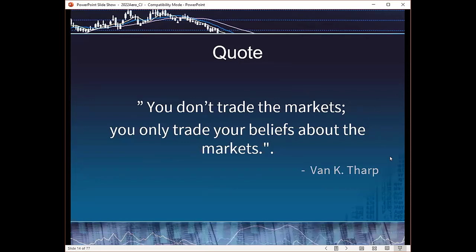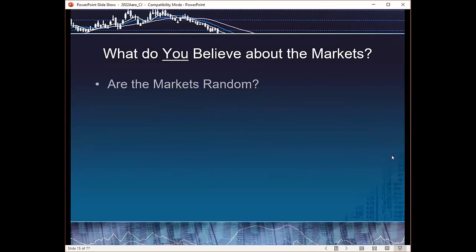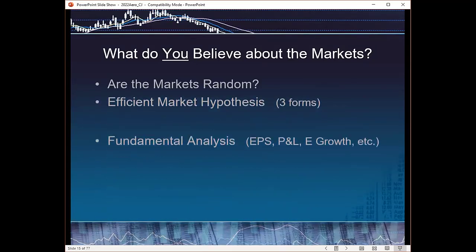Here's a quote from Van Tharp. You don't trade the markets, you only trade your beliefs about the markets. This sounds like a simple statement, but it's actually very profound when you realize what decisions you're making versus what the market does. So with that in mind, what are your beliefs about the markets?